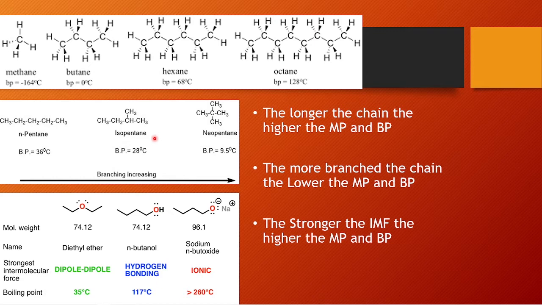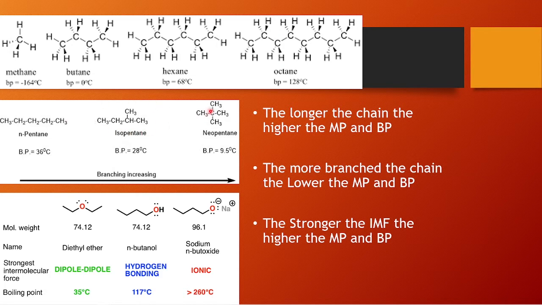Next, the more branched the chain, the lower the melting point and the boiling point. So a straight chain is going to be harder to break apart than a branched chain. And that's mainly to do with how closely it can fit together in a configuration. So something like pentane, that's just a straight chain there, you can picture that could just lay nice and easily on top of each other and get lots of dispersion forces between all of the individual molecules, making it harder to break apart.